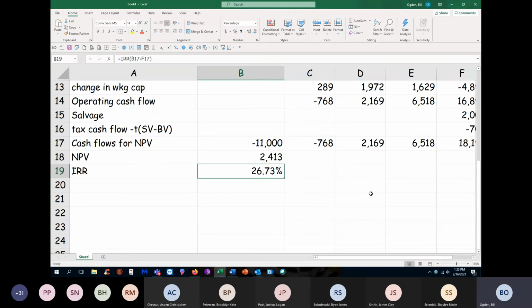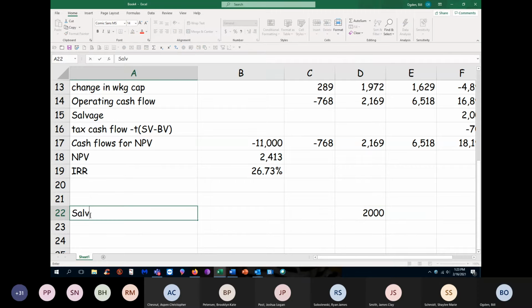So we're going to finish this after the second year instead of the fourth, and let's say the salvage remained 2,000. This is a what if, right? We didn't do any of this. So we're going to salvage this for 2,000 at the end of year 2. What if this project were 2 years instead? All I want you to do is focus on the tax cash flow.